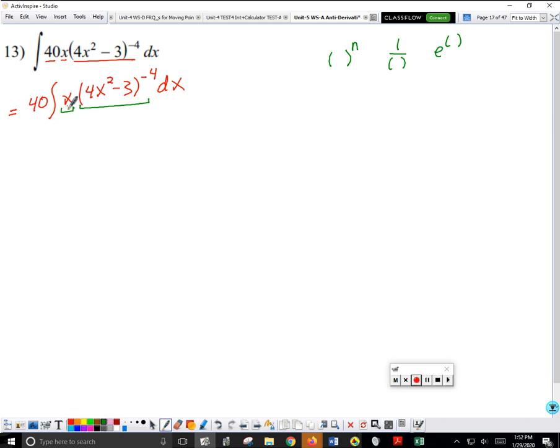This formula right here fits this perfectly. This is x to the first power. Therefore, the something is x and the n is 1. This one fits perfectly as well. The something is 4x squared minus 3. The exponent is negative 4. So that fits this form.